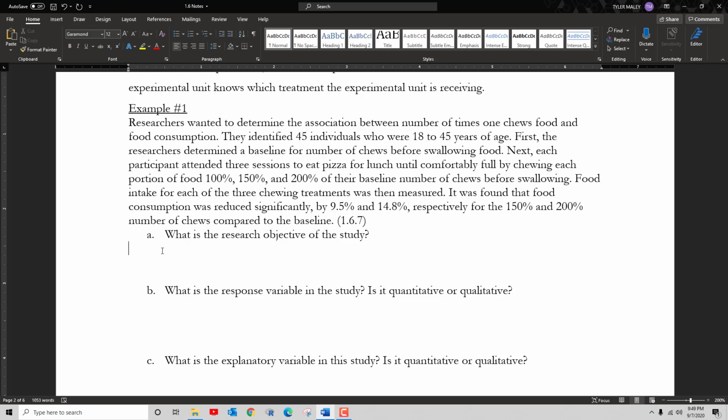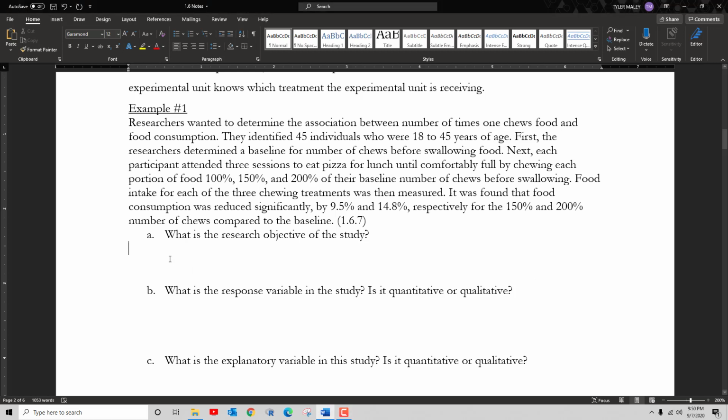Next, each participant attended 3 sessions to eat pizza for lunch until comfortably full by chewing each portion of food 100%, 150%, and 200% of their baseline numbers of chews before swallowing. Food intake for each of the 3 chewing treatments was then measured. It was found that food consumption was reduced significantly by 9.5% and 14.8% respectively for the 150% and 200% number of chews compared to the baseline.